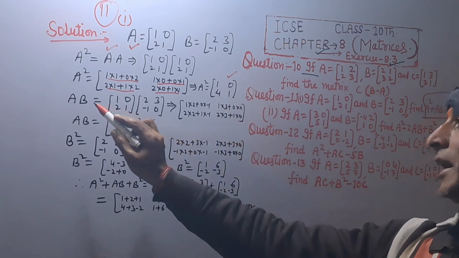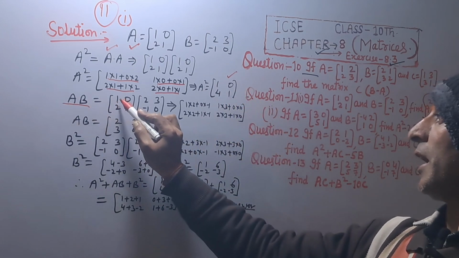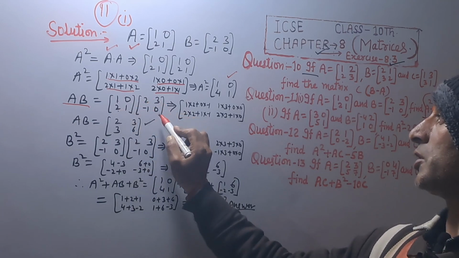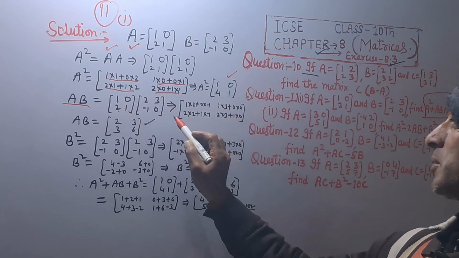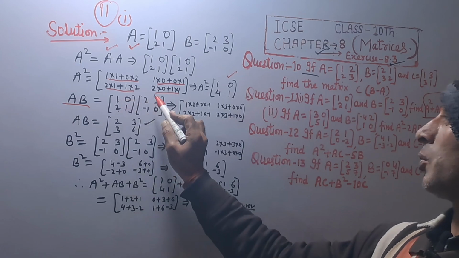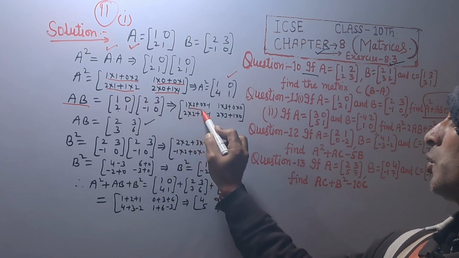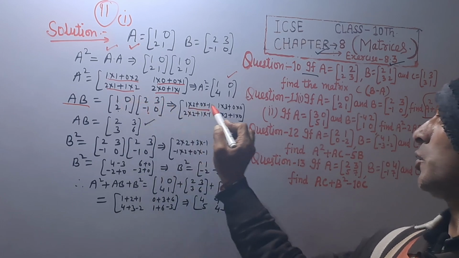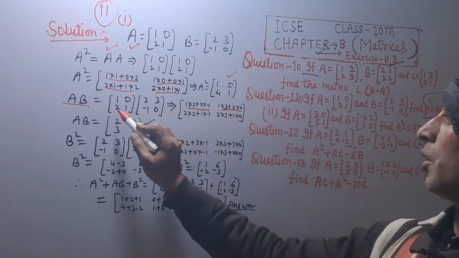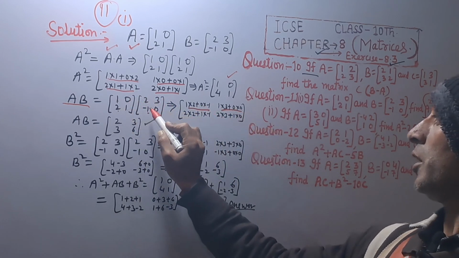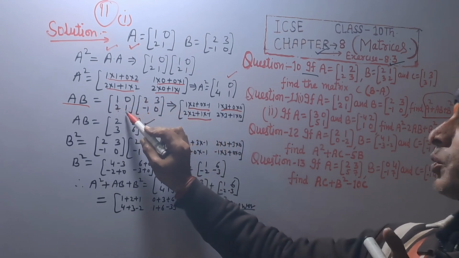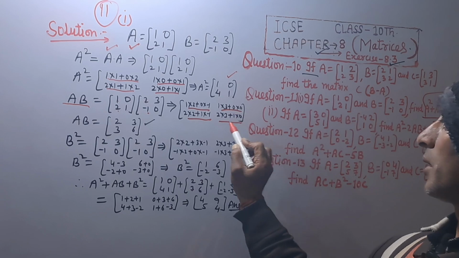And AB, product of AB, A is [1, 0; 2, 1], B is [2, 3; -1, 0]. Same process, product of AB is row multiply by column: 1 into 2 plus 0 into -1, 1 into 3 plus 0 into 0, 2 into 2 plus 1 into -1, and 2 into 3 plus 1 into 0.